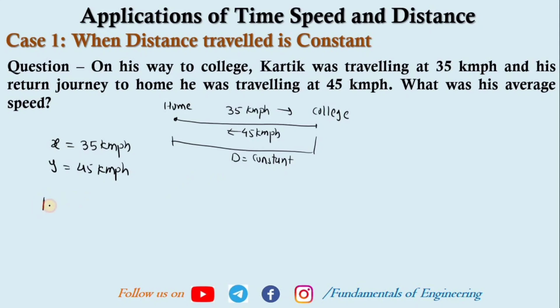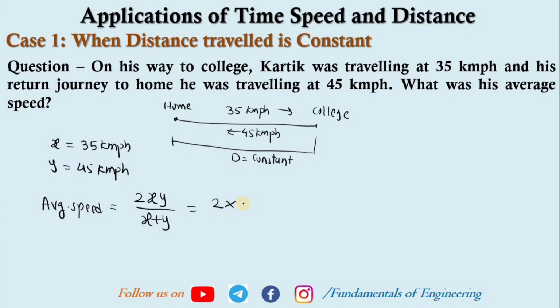At that time, since the distance is constant, the average speed is 2xy upon x plus y.